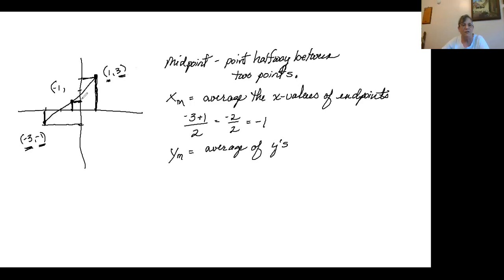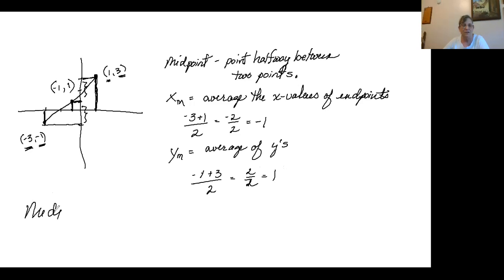This one is halfway between. So if I take the 2 y values, -1 and 3, and add them together and divide by 2, I'm going to get 2/2, which is 1. So the midpoint is at -1, 1.